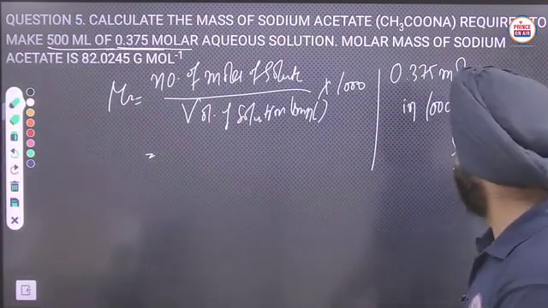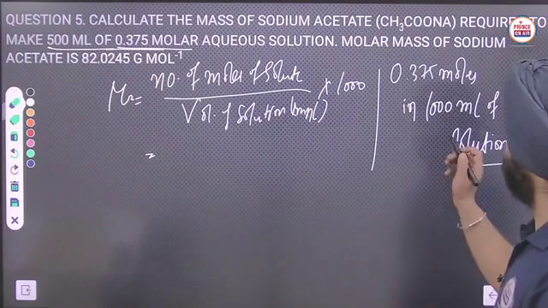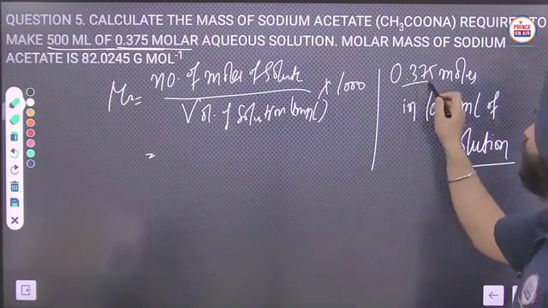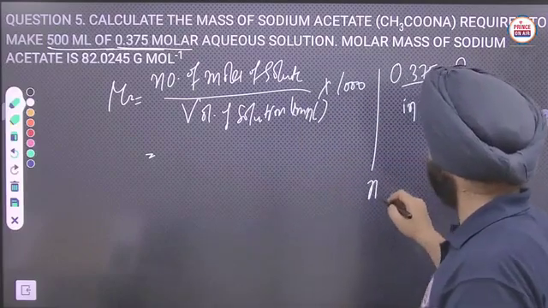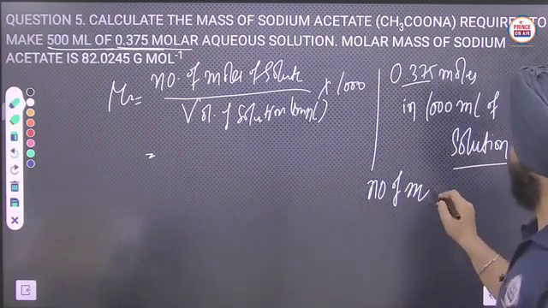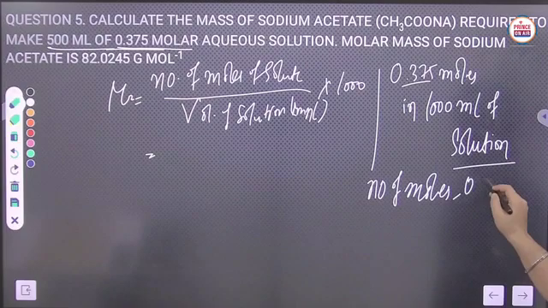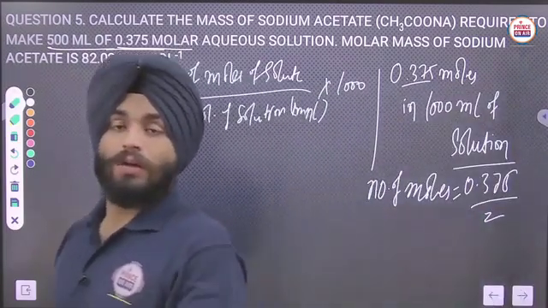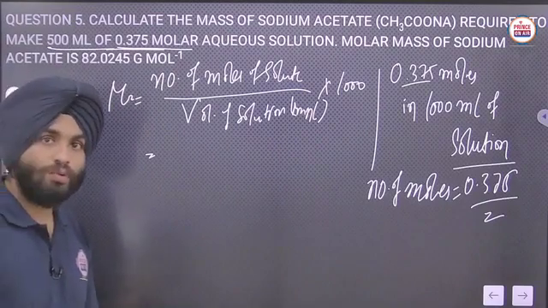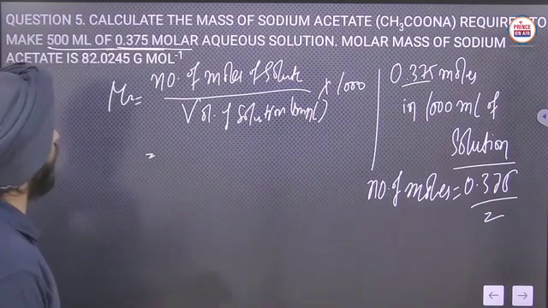So if the solution is half, then the number of moles is half. So the total number of moles is 0.375 upon 2.